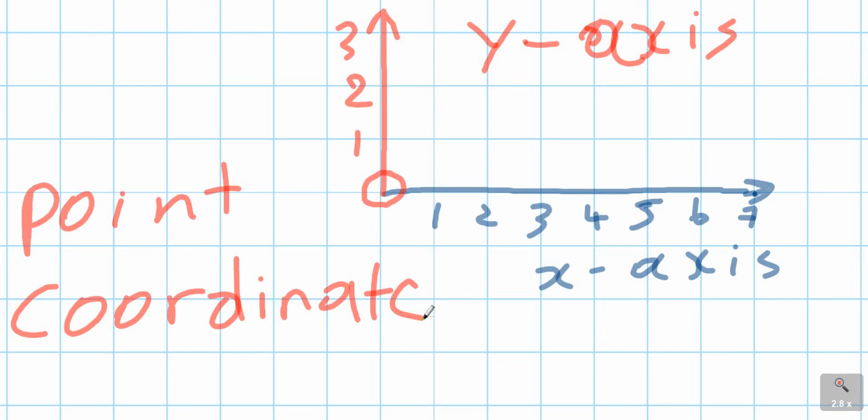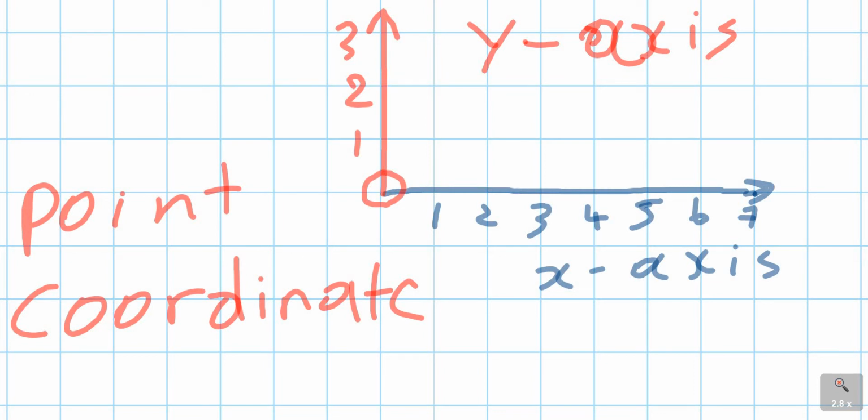There are other names for this kind of thing, but since we're dealing with the Cartesian plane, the Cartesian system of coordinates, we'll be using the word coordinates. And so a coordinate is just a point that is located on the Cartesian plane, and a point has two representation of units. It has units on the x-axis and units on the y-axis.